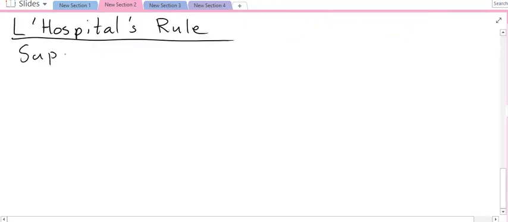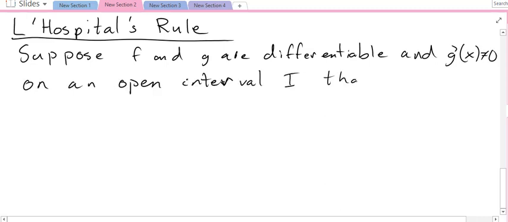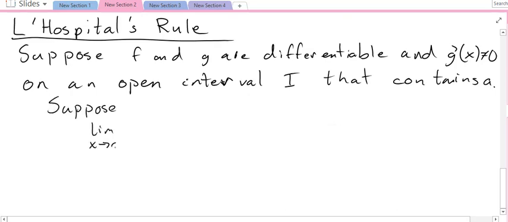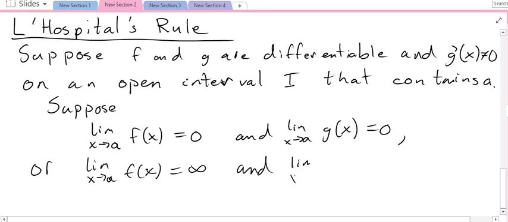And so we would say, suppose f and g are differentiable and g prime of x is not equal to 0 on an open interval I that contains a point A. Then we're going to suppose further that the limit as x approaches A of f of x equals 0 and the limit as x approaches A of g of x equals 0, or that the limit as x approaches A of f of x equals infinity and that g of x is the same thing.